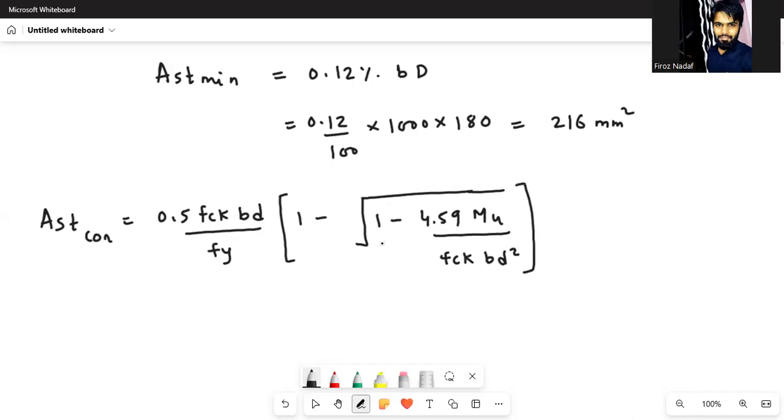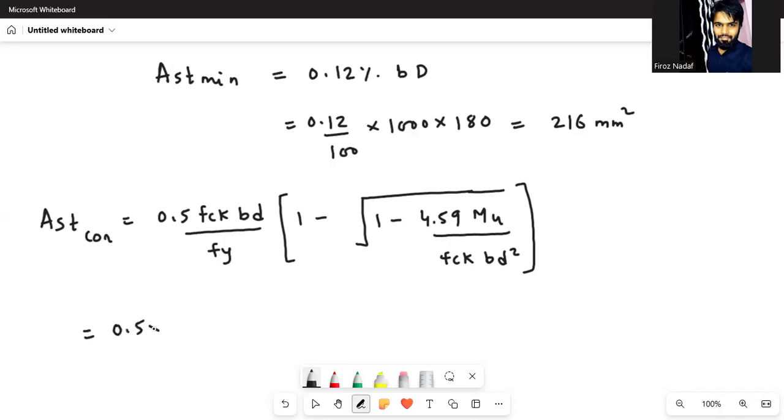So by this formula, we will get Ast with respect to the bending moment. Okay, so we are interested to find the Ast at the corner. Okay, so we need to substitute the value of Mu and whatever other values we have in the formula.